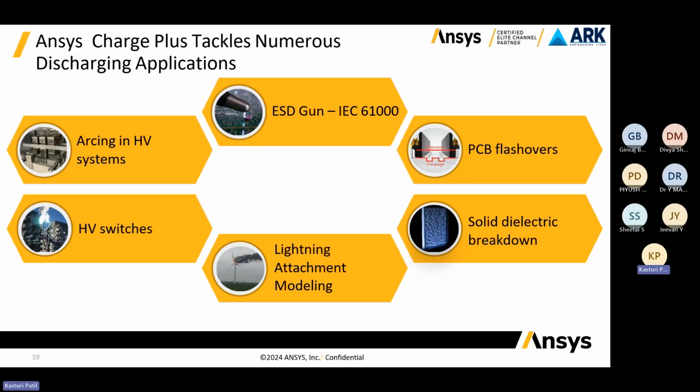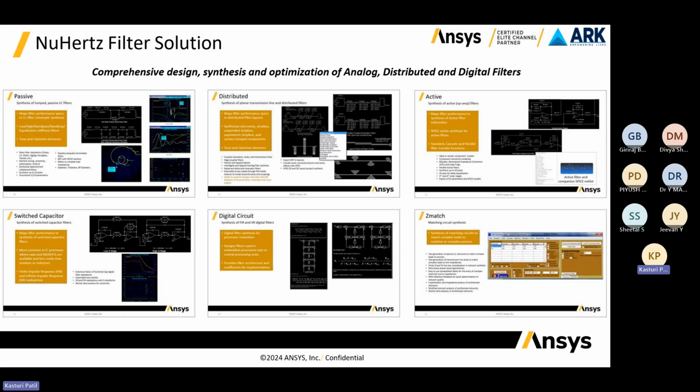In such a case, suppose rain or thunder started, due to this external change in environment, the internal structure of the PCB of a drone should not get damaged. That is the main thing behind this Charge Plus tool.